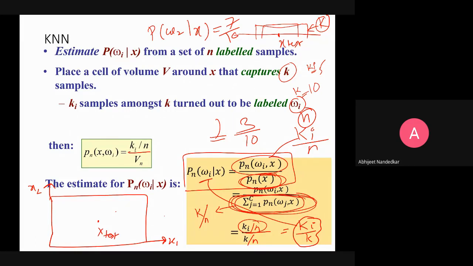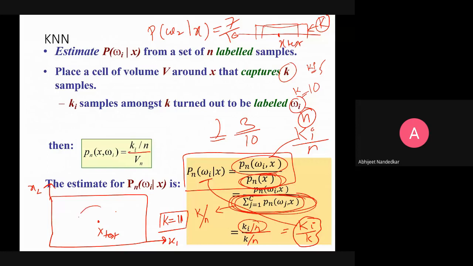And suppose at the beginning of my problem I set k equal to, say, 10. Basically one should go with an odd k so that you can have a good decision. If it is a two-class problem, there won't be any confusion about both getting the same number of samples. If I put k equal to 10, then omega 1 is 5 and omega 2 is 5, and you cannot decide. So in such cases, we take an odd number for k.